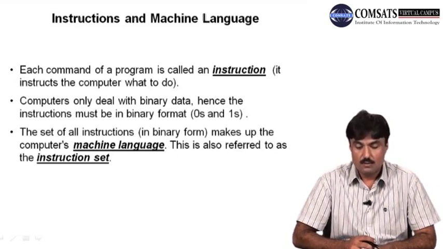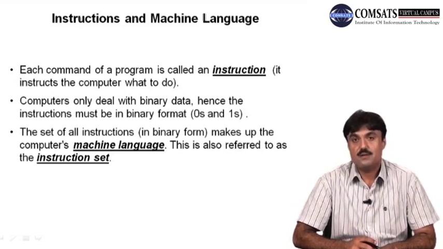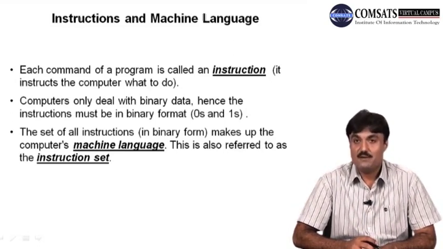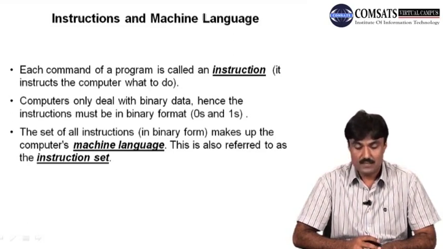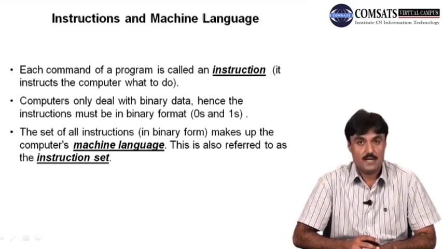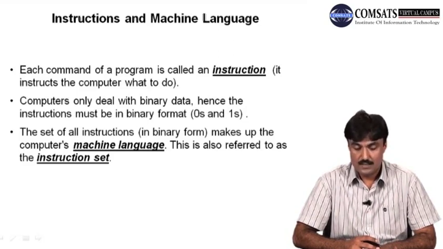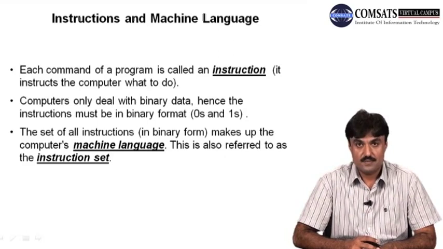These computers only deal with binary data, hence the instructions must be in binary format, like zeros and ones. The set of all instructions in binary form makes up the computer's machine language. This is also referred to as the instruction set.